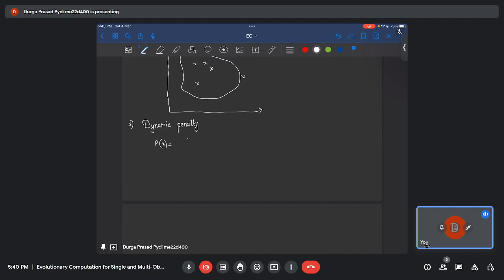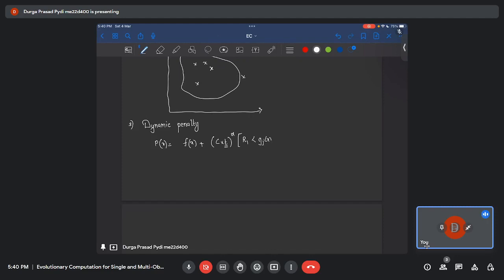So how do we put it mathematically? You take an objective function, and then you take some constant and the value of t, which is your generation, to the power alpha. This will decide how it actually grows with respect to your generations. Times, again, some parameters, say r1, times gj of x.